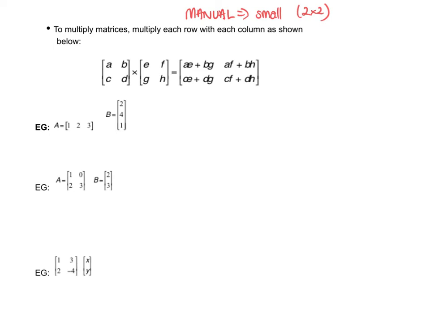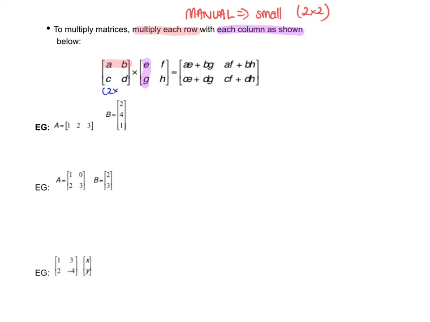All right, so when we multiply a matrix, we multiply each row with each column as shown. So what's going to happen is these numbers A and B will get multiplied with E and G. Now let's look first at the orders. This is the first matrix.